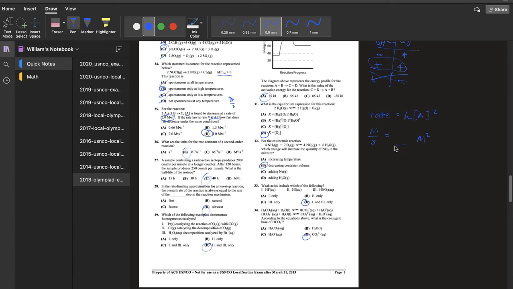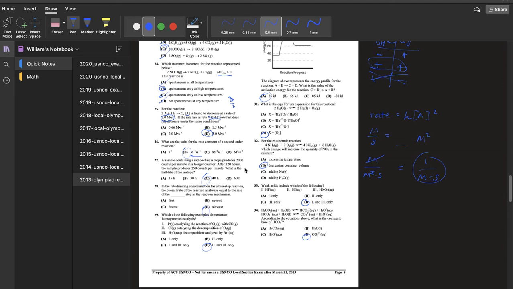So if we divide by molarity squared in order to get K by itself, we have this, get rid of the 2, get rid of the top, so 1 over, and this will be our units, and that corresponds with B.